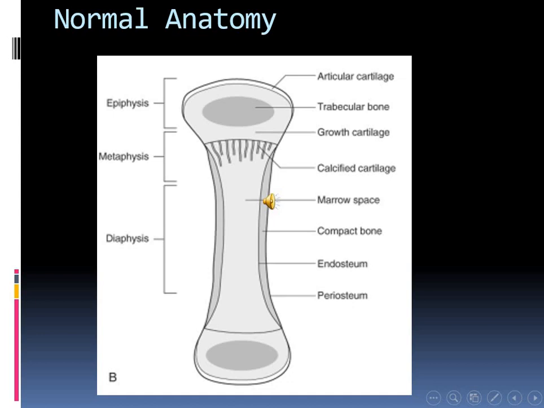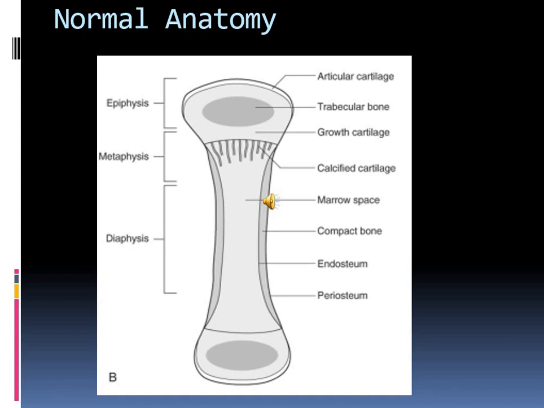In this diagram we can see the normal anatomical landmarks for the long bone, the site of the epiphysis at both ends of the long bone, and the site of the metaphysis just after the epiphysis, and in the midway we can see the diaphysis. Also we can detect the area of the cortex, which is outside on the surface of the bone, and we call it compact bone.